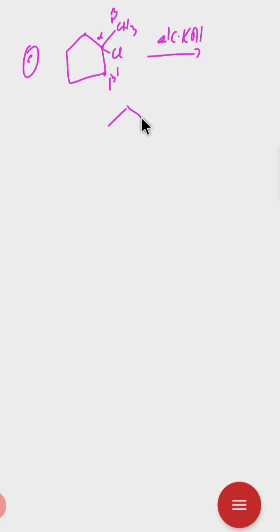The first alkene is this one. This will be our first alkene, and the second alkene that can be formed in this reaction is this one, right? Methyl will be there. Which one will be our major product, we need to check. To this double bonded carbon atom only two alkyl groups are attached, and to this double bonded carbon atom three alkyl groups are attached.